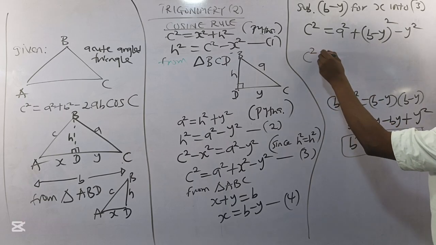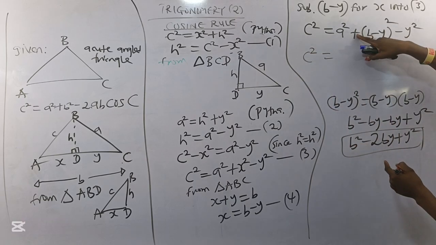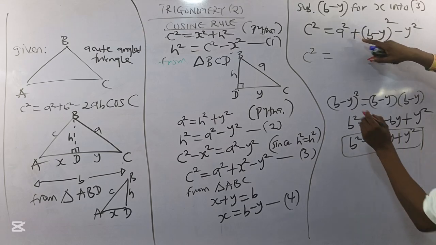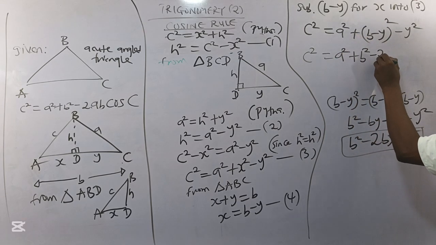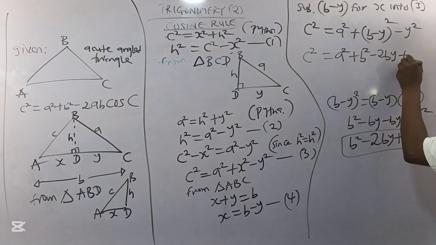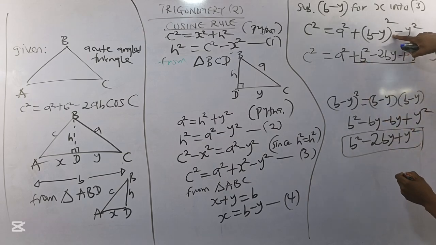So I have C squared. Since here is positive, I'll just put it the way it is. But if it was negative, all these signs will change. Take note. So I have A squared plus B squared minus 2BY plus Y squared minus Y squared, which I have here. So this is the expansion for this.